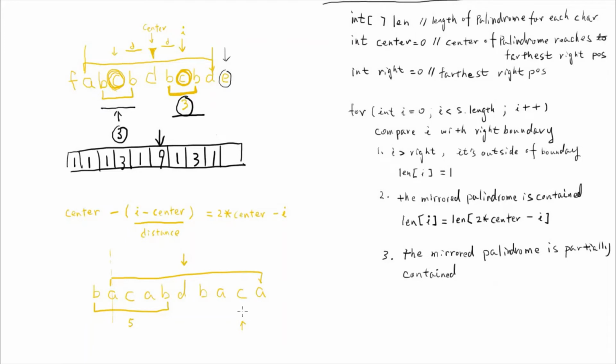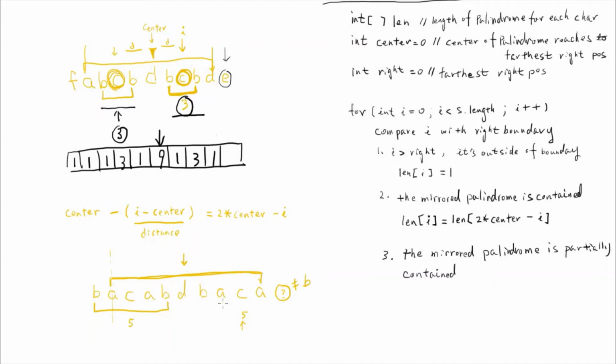But we cannot copy 5 to C because if it's 5, we have an unknown character here. Right? We don't know what it is, but we know the fact that it doesn't equal B. If it is B, then the palindrome we found here can be extended further.